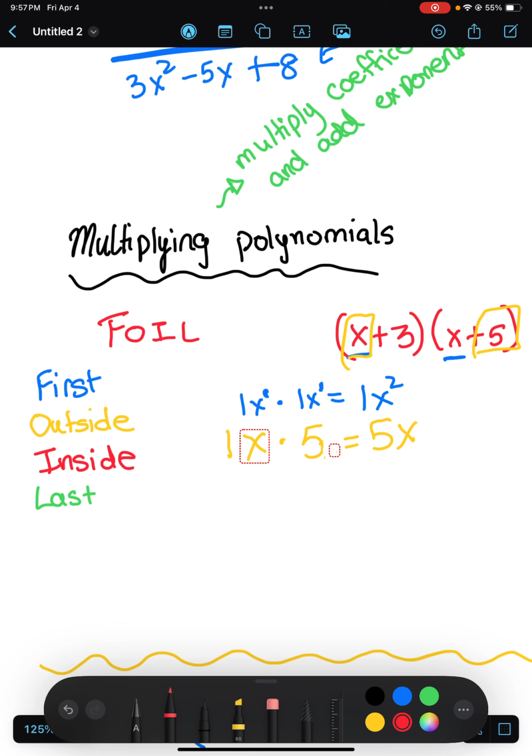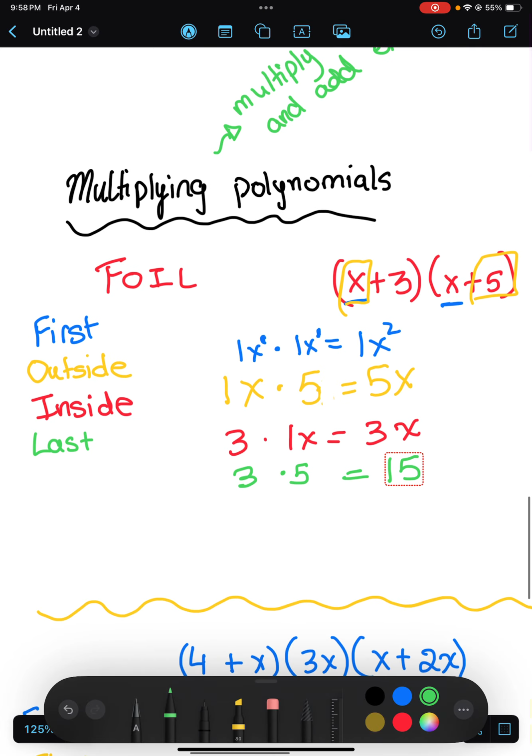Inside, that's these ones over here. 3 times 1x. So 3 times 1 is 3, and then we just have our x. And then last is going to be 3 and 5. So 3 times 5 is going to be 15.